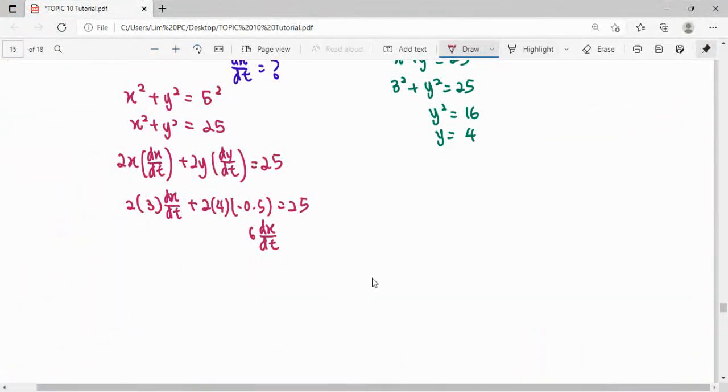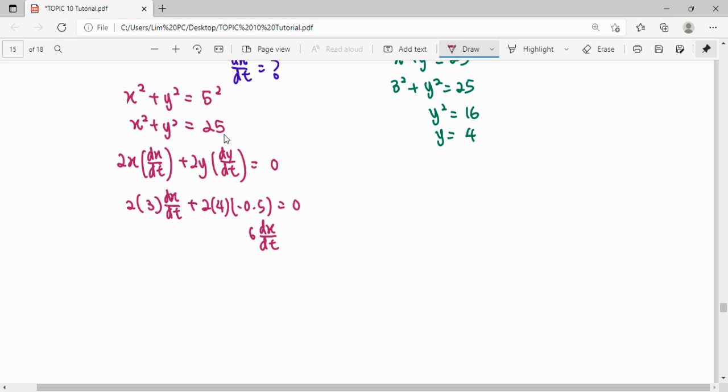Just now we made a mistake here. When we differentiate a constant, it should be 0. So I repeat, differentiating x with respect to t will be 2x dx/dt. Differentiating y with respect to t will be 2y dy/dt. Differentiating the constant will be equal to 0.